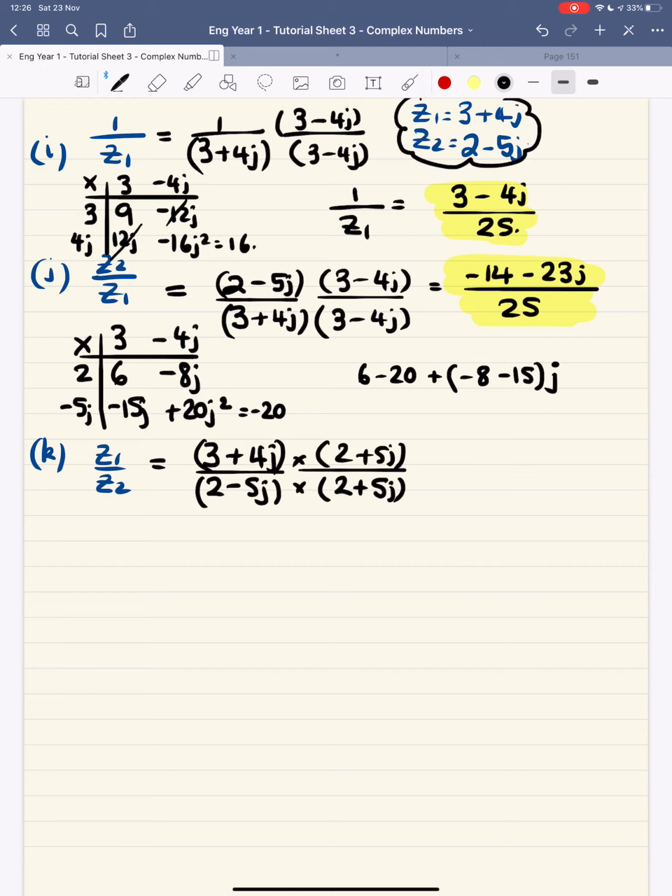So we've got two things to do here. 3 plus 4j times 2 plus 5j, so that's 6 plus 15j plus 8j plus 20j squared, which is minus 20. So that's the tops multiplied together.